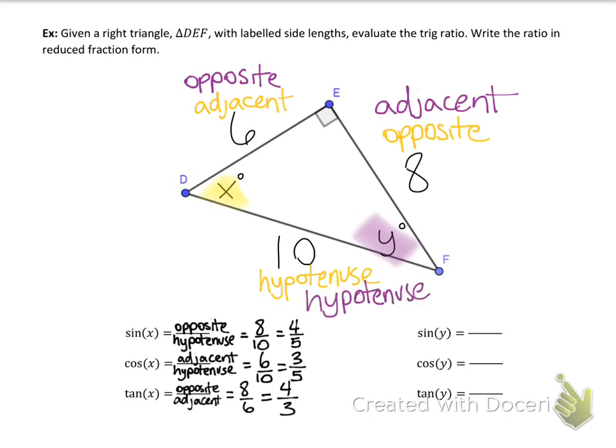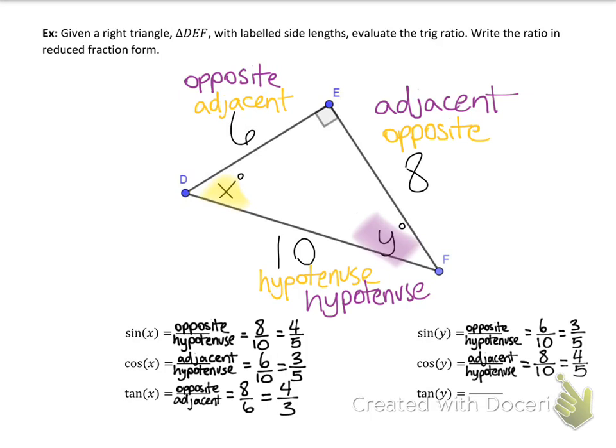The sine of angle of y degrees is equal to the ratio of opposite over hypotenuse, which in this example is 6 over 10, which can be reduced further to 3/5. The cosine is equal to the adjacent over the hypotenuse, which in this example is 8 over 10, which can be further reduced to 4/5.